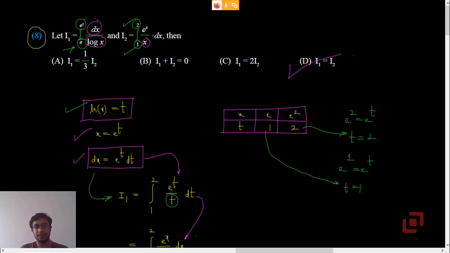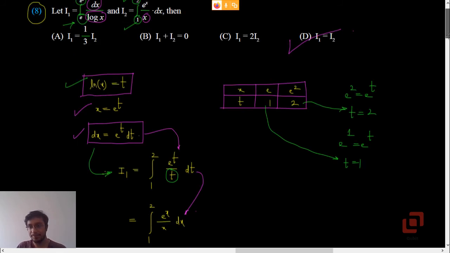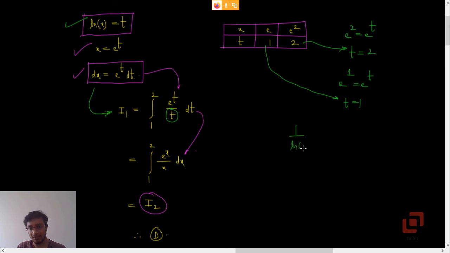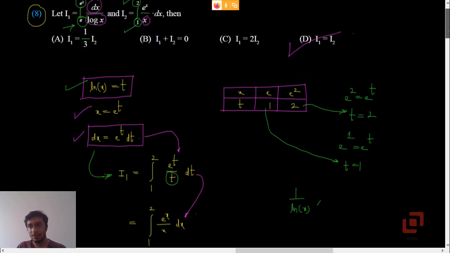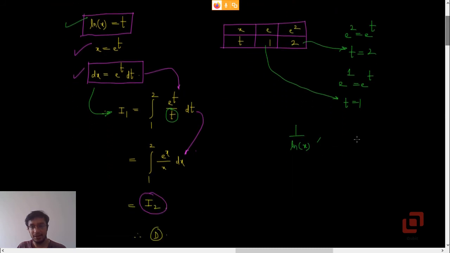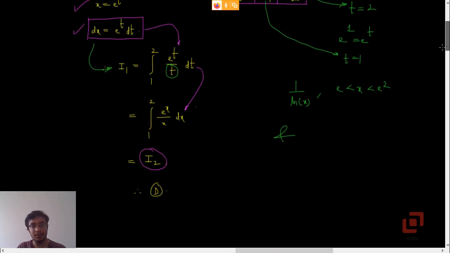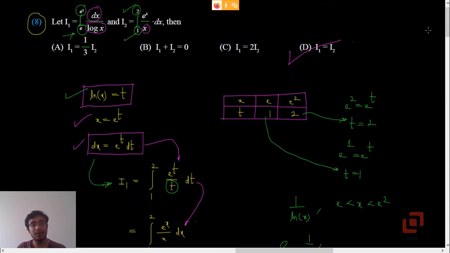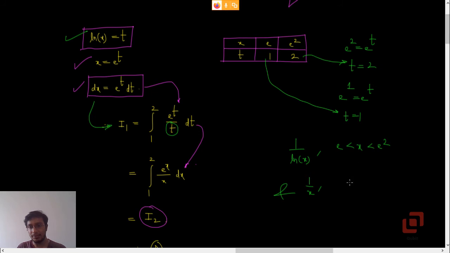Clear? Okay, now I want to tell you two things about this problem. The first thing is that the areas occupied by the curves 1 by log x when x lies between e and e squared, and the area occupied by the curve 1 upon x when x is between 1 and 2.